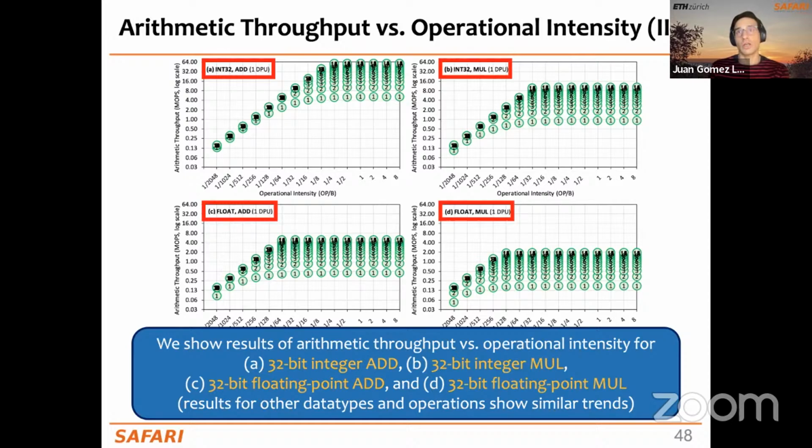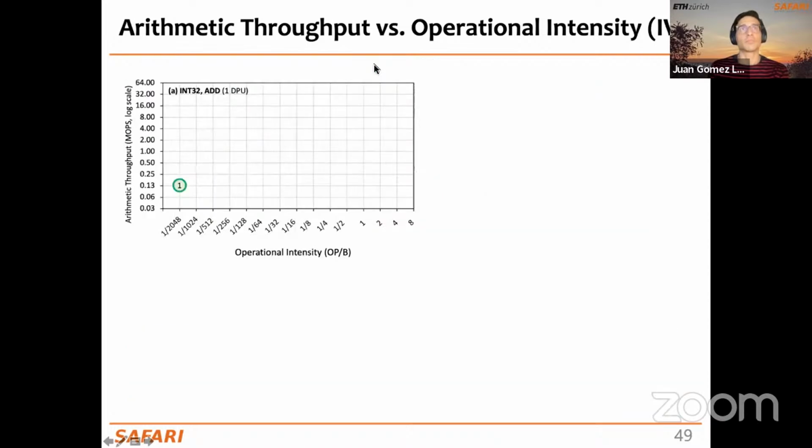And here you see the results, as I said, for 32-bit integer multiplication and addition, and for multiplication and addition of single precision floating point. One first observation here is that the trends are pretty similar. We see some part of the plots where the arithmetic throughput increases with the operational intensity, and at some point this arithmetic throughput saturates and it remains flat after that.